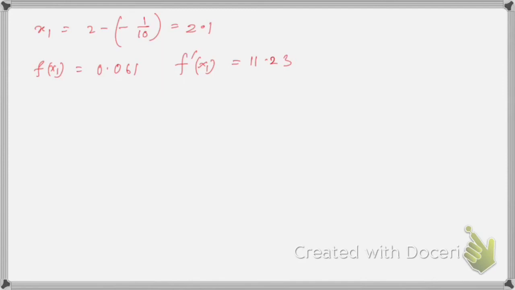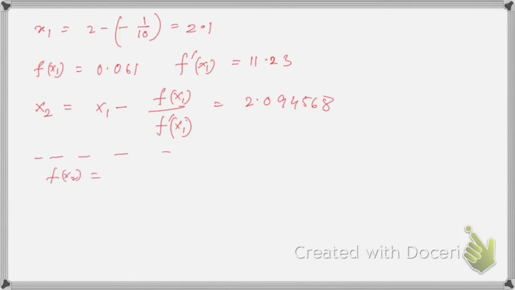Then after obtaining these two, similarly we can have the next approximation value, that is x2. x2 is equal to x1 minus f of x1 by f dash of x1. Then you will get 2.094568. Similarly you have to find f of x2, then f dash of x2.